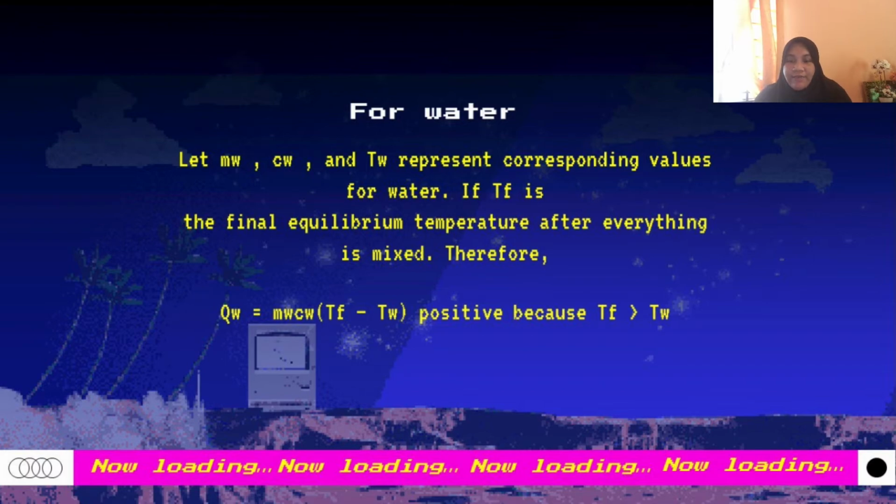If TF is the final equilibrium temperature after everything is mixed, therefore QW is equal to MW CW in bracket TF minus TW. It is positive because TF is bigger than TW.